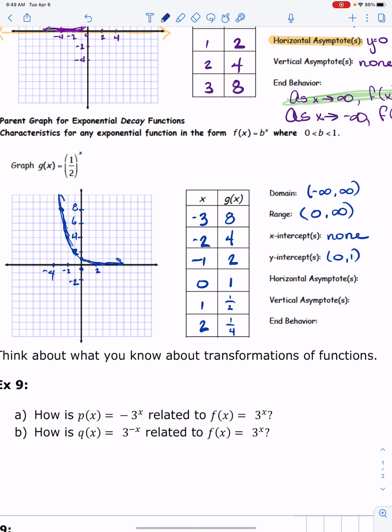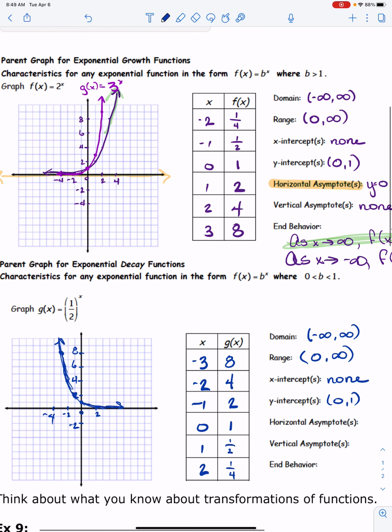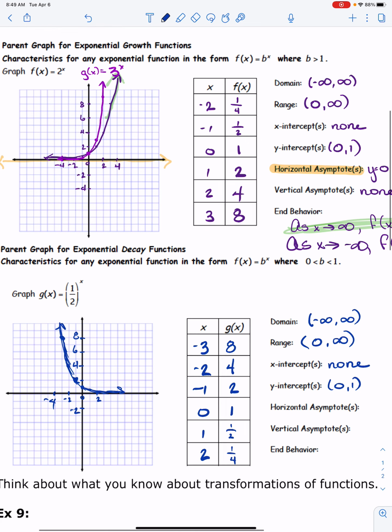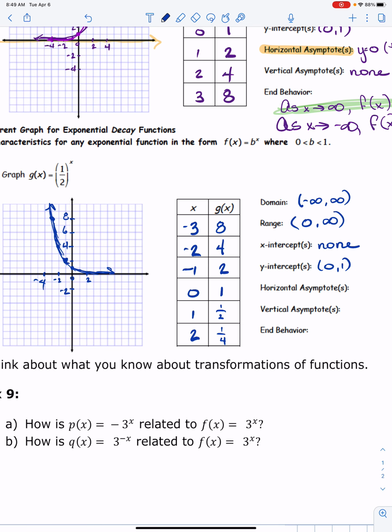And I get the graph that looks like this. Notice this is a reflection over the y-axis, right? That's what happens when we make x negative, which is basically what we're doing when we take a look at the graph of the reciprocal.